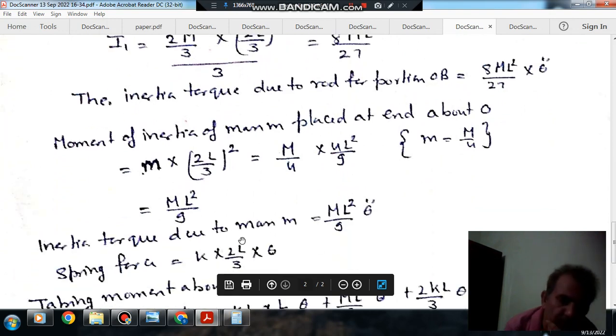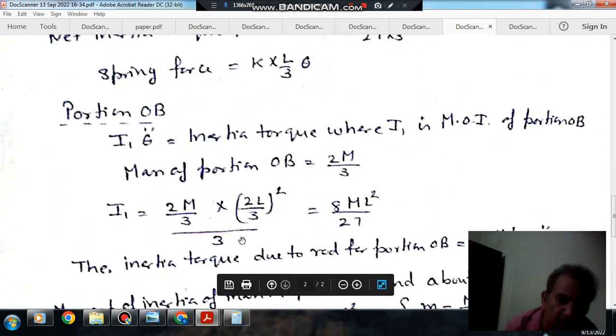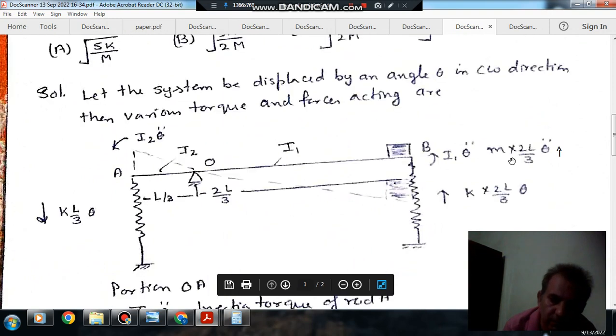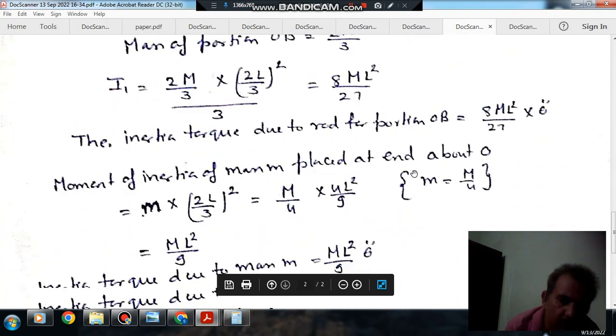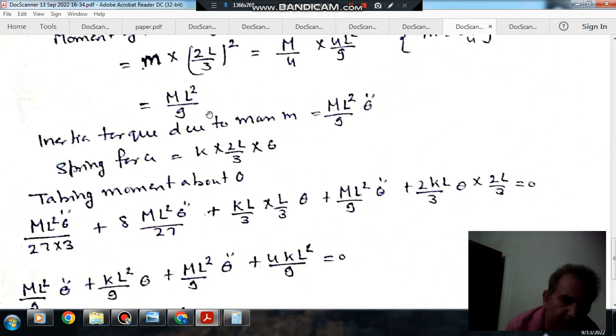So the inertia torque caused by this mass is ml square by 9 into theta double dot. And the spring force is the same, k into 2L by 3 into theta. That we will consider.